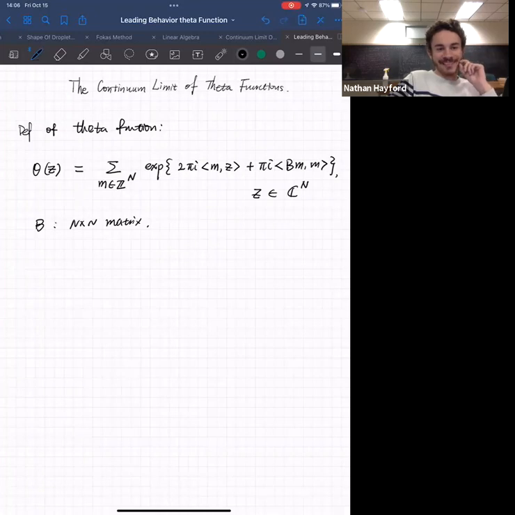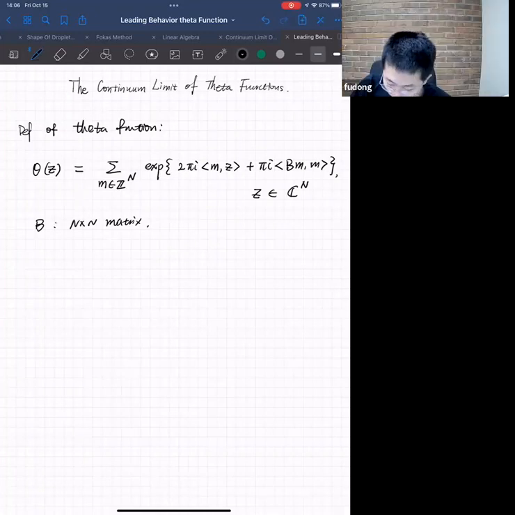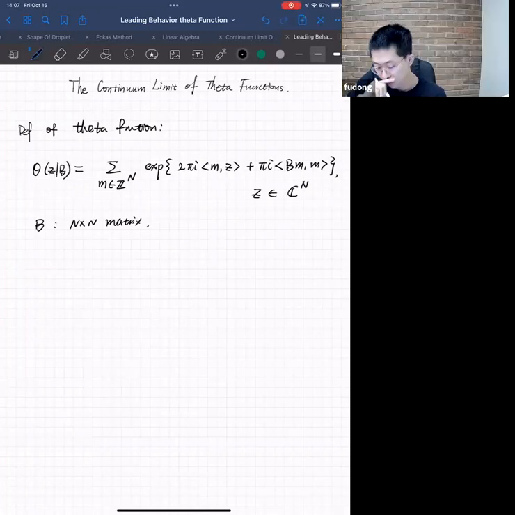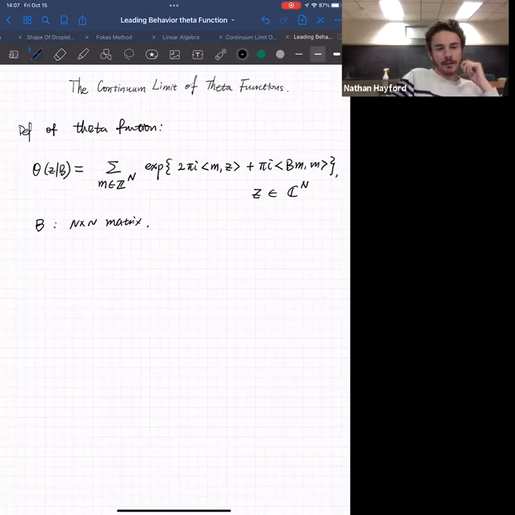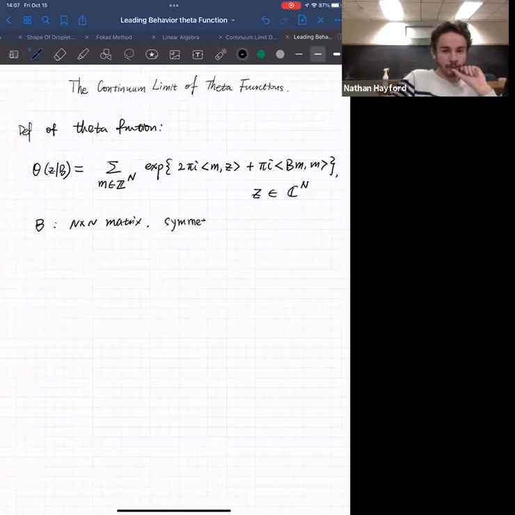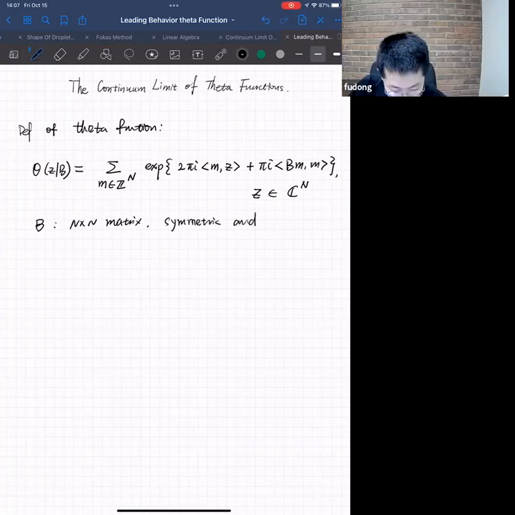So two questions here. First, theta depends on B, of course. I'm just too lazy to write that. But second, just a question about convention. B is symmetric, and the imaginary part of B is positive definite.